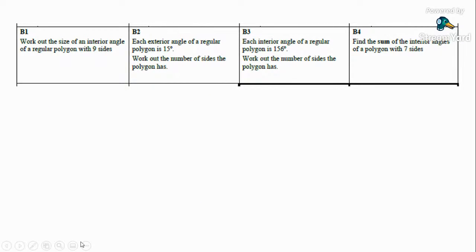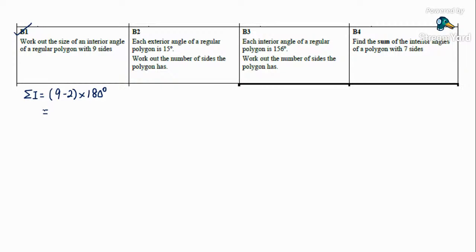We will go through this very fast because all these are repeated in the questions after this. We will just see the size of an interior angle. As I mentioned just now, if you memorize the formula, this is going to be very easy. When we want to find the interior angle, we must have the sum of interior angles first, which is, in this case, the sides is 9, so 9 minus 2 times 180 degree.